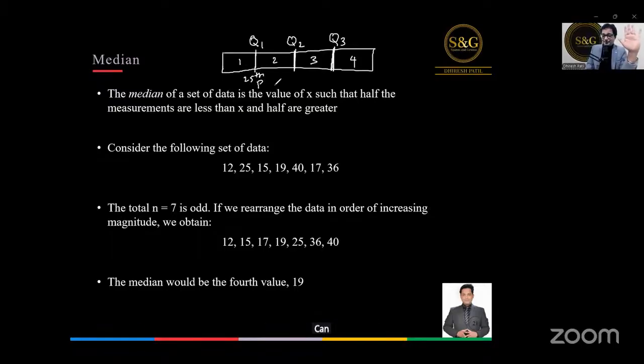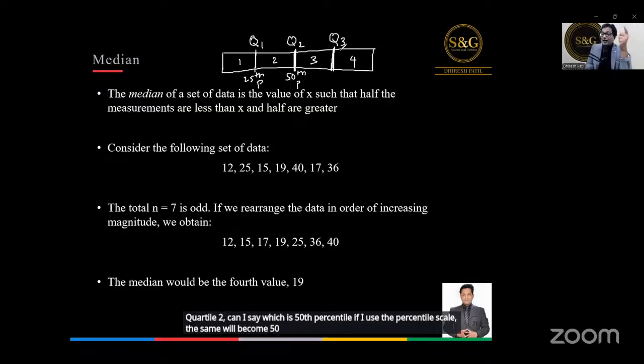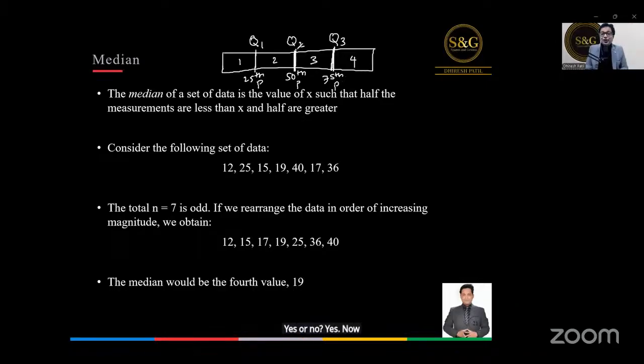Can I say that? Just give me yes in the chat box. Can I say this quartile 2 is the 50th percentile? If I use the percentile scale, the same will become the 50th percentile. And Q3 becomes my 75th percentile. Yes or no? Yes. Now, the quartile 2 or my 50th percentile, the center part, can I call it median?